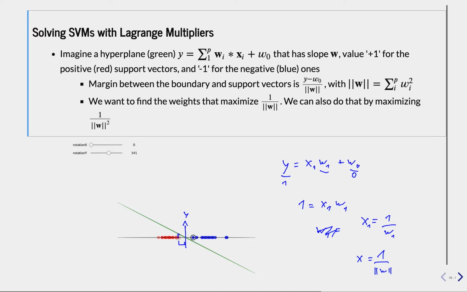Now we want to find the way to maximize this, right? And we can do that by maximizing the square of the 2 norm, right? Now this means that we have a problem which is quadratic, right? Which is easy.